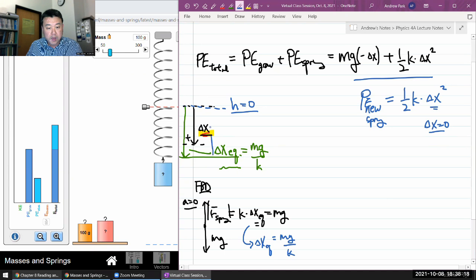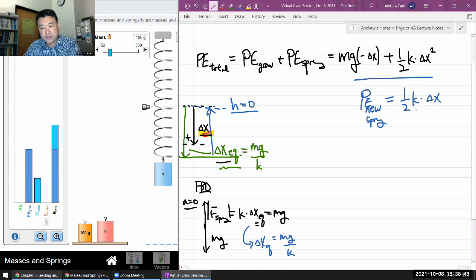That involves quite a bit of compression from where the new equilibrium length is. So for the potential energy of my new spring, I actually want this energy to be minimum, not where delta x is equal to 0, but where delta x is equal to delta x equilibrium.